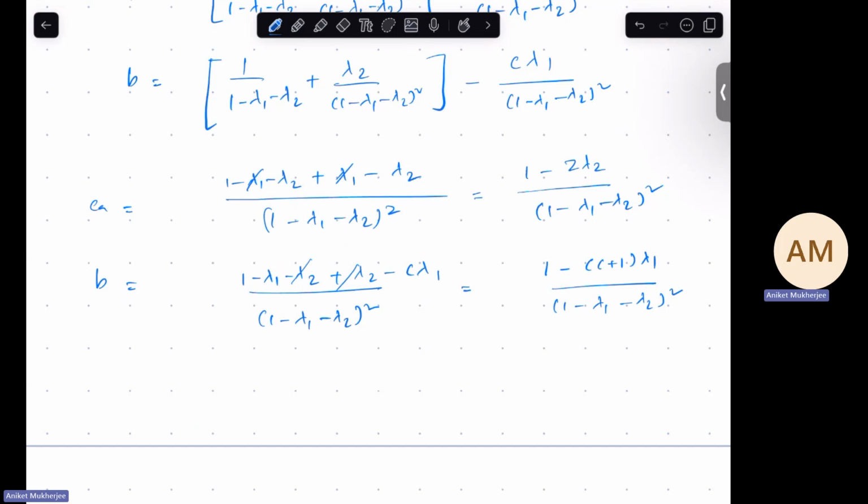Okay, from these two, you have 1 minus 2 lambda 2 by CA equal to 1 minus C plus 1 lambda 1 by B.